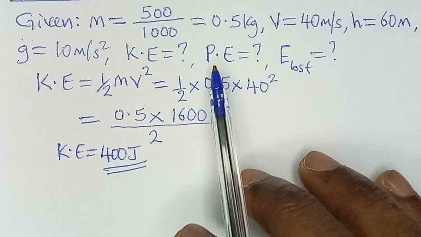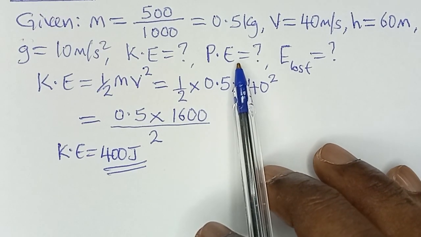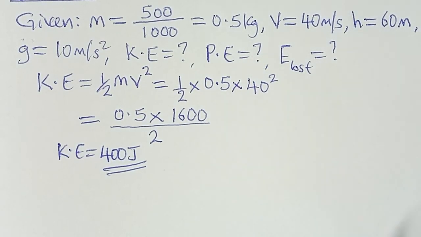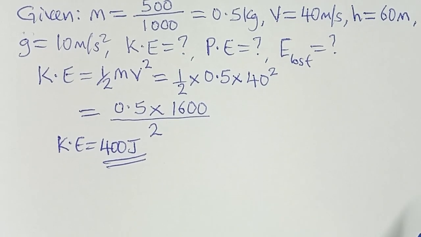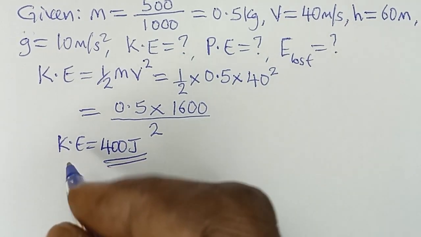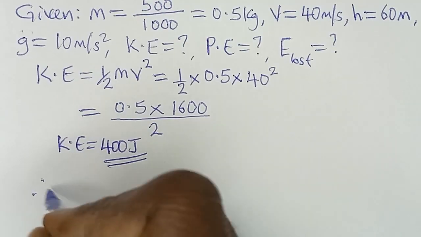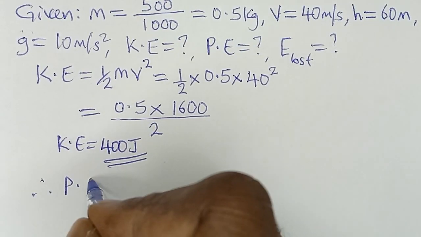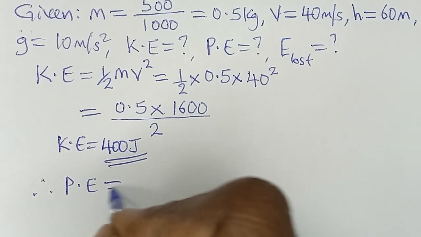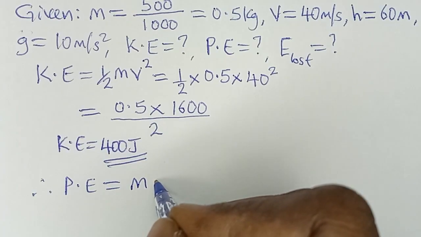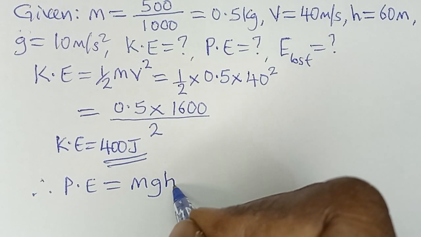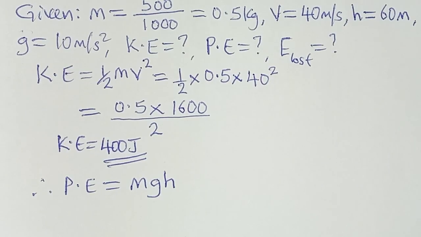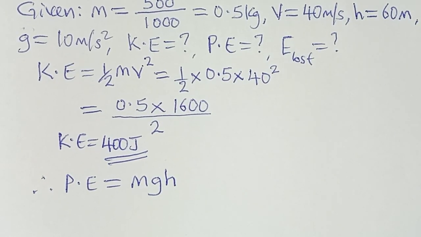Then we're also asked to find the potential energy at the height reached. So don't forget that the formula for potential energy, I want to believe we also know that. So I'll say therefore the potential energy is equal to the mass times the acceleration due to gravity multiplied by the height. This is the formula for potential energy.